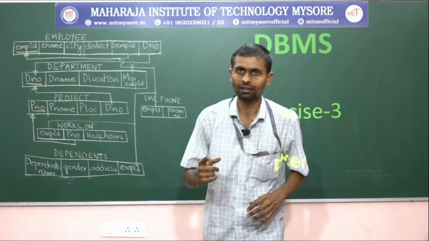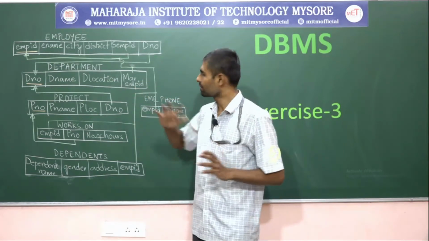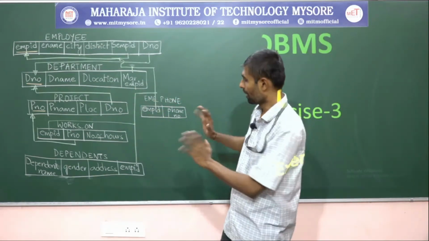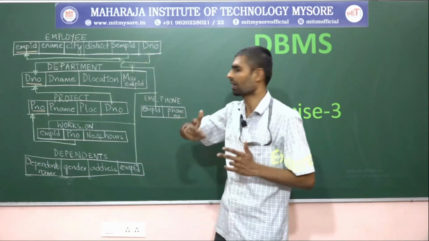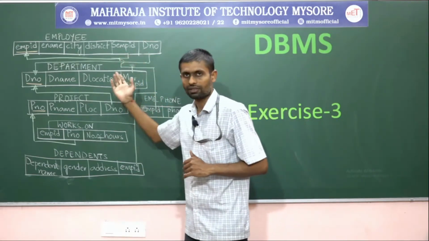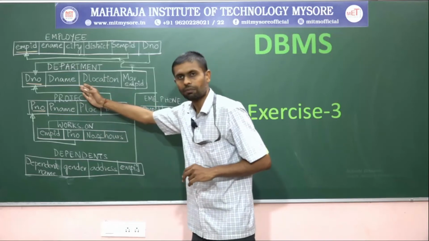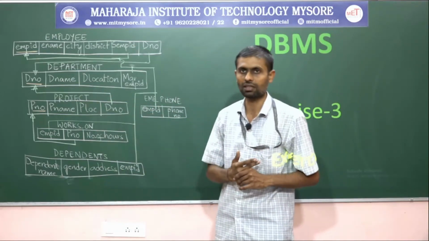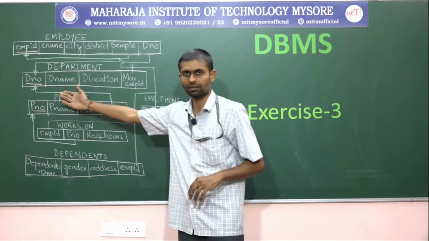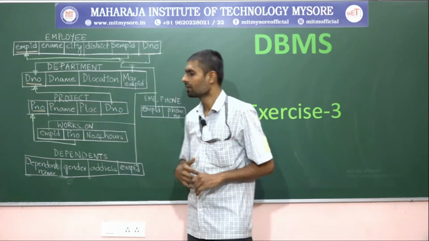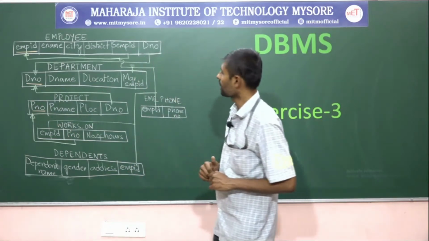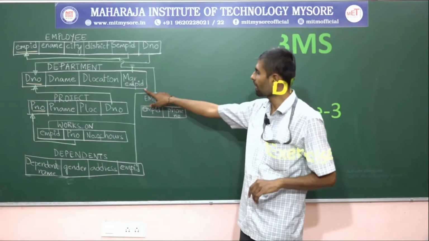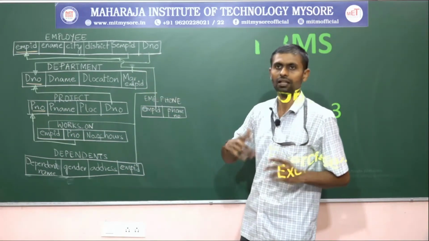So we'll start. Prior to that, we'll try to recall the story behind all these tables, right? This employee table contains all employee details and even supervisors also. Next, department: we are having plenty of departments in the company, and all such departments are recorded in the department table, where we made the department number a key attribute. Then one more foreign key here, manager employee ID, because every department has a manager.